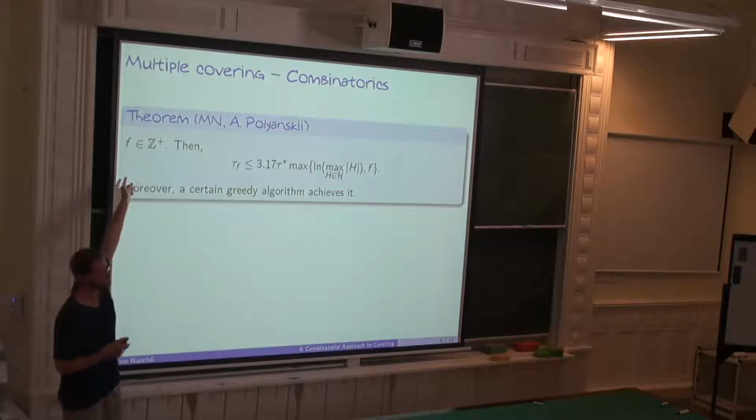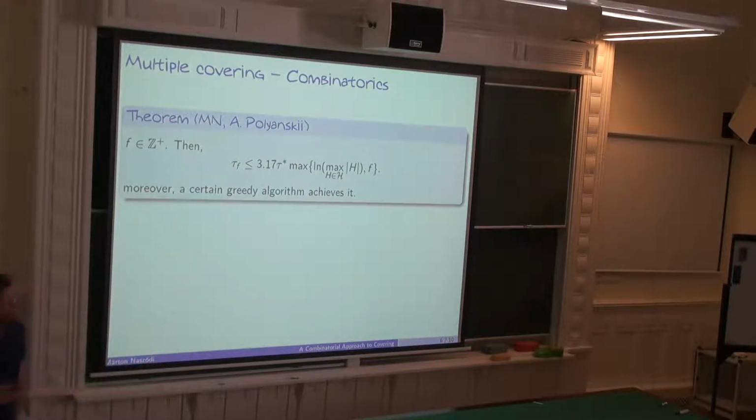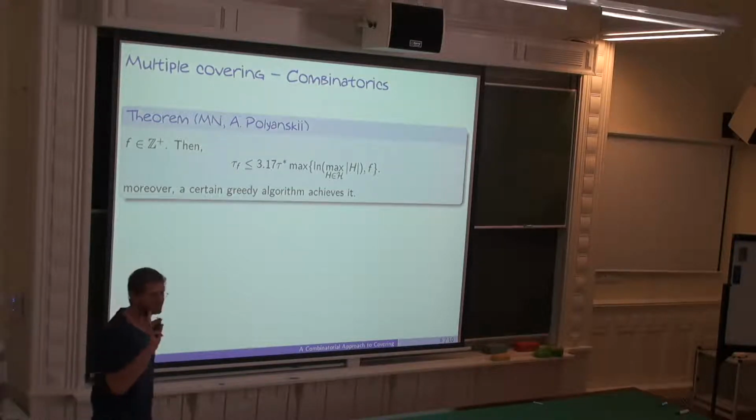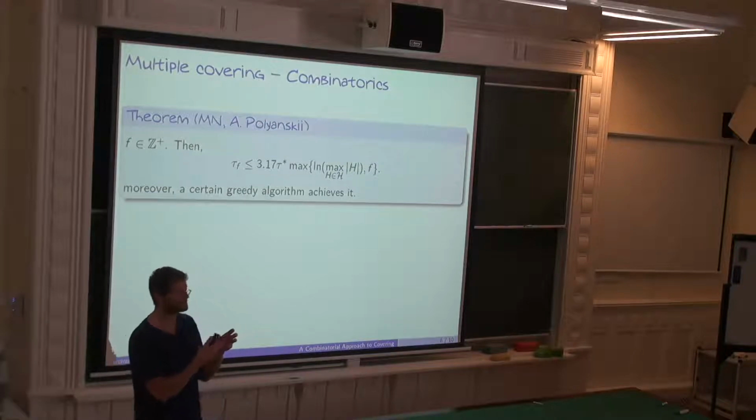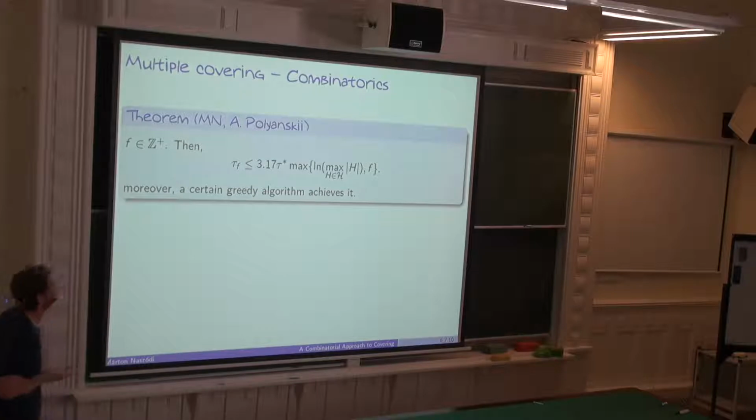So now we're talking about f-fold covering. And then how many sets do you need? The obvious bound is, and this is important, you can select the same set multiple times. You have to be allowed that, because otherwise you may not even have an f-fold covering.